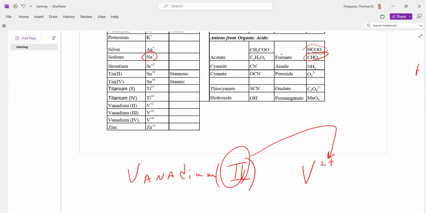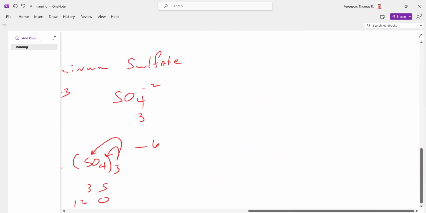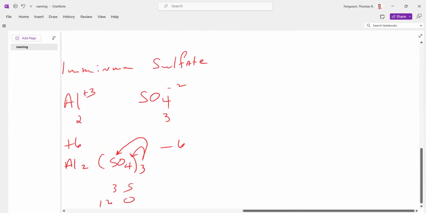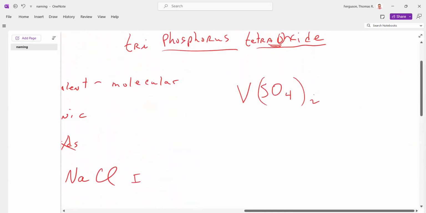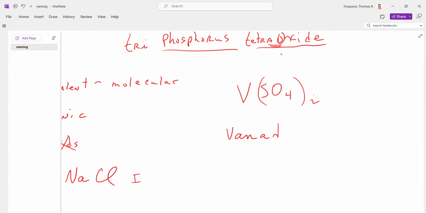Okay, so back to our original problem here. How do we name this then? Well, for sure it's the vanadium, right? Well, which one is it?